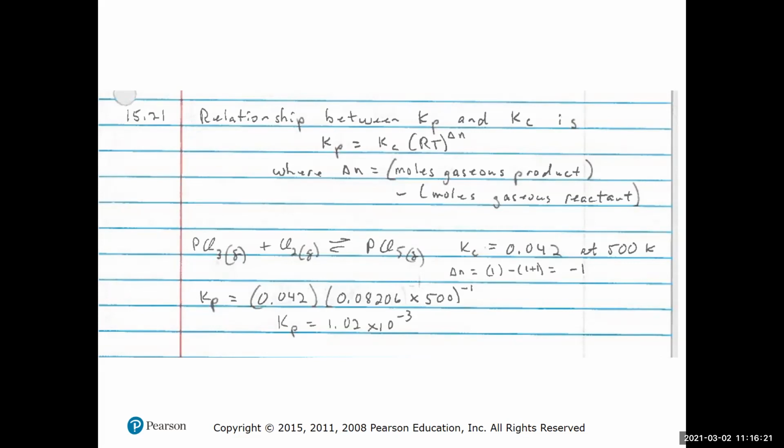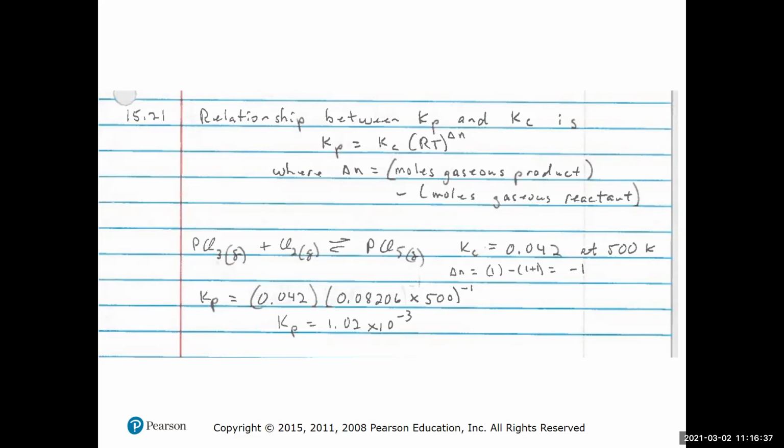So this is the formula that we use to convert from an equilibrium constant based on concentration over to an equilibrium constant based on pressure. Okay, this is the relationship that we use.